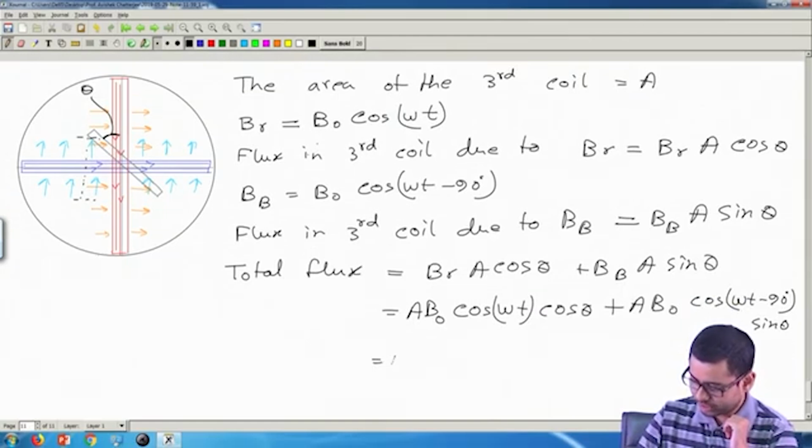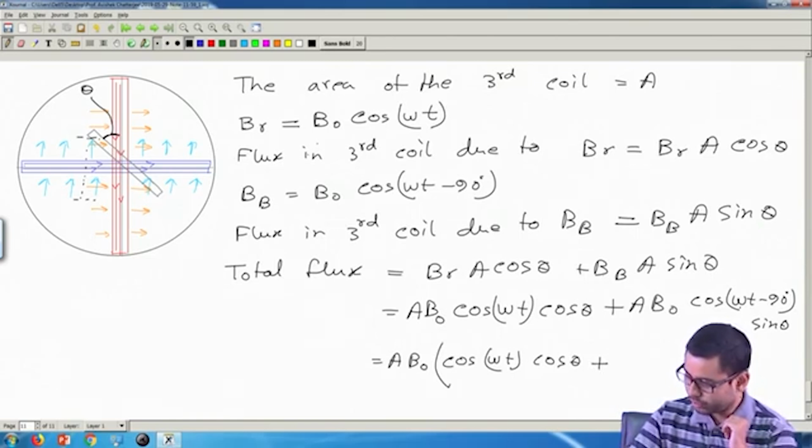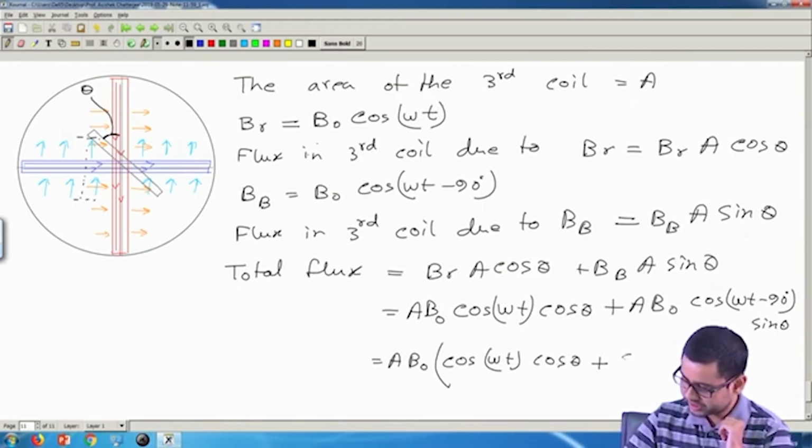So you can take A B0 as common, and we have here cos omega t cos theta plus, now this term cos(omega t minus 90) is the same as cos(90 minus omega t). So this is the same as sin omega t sin theta.